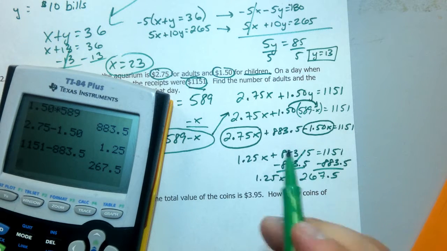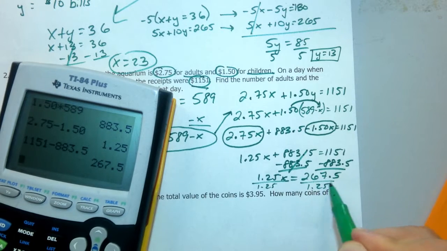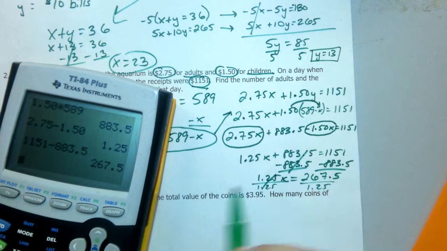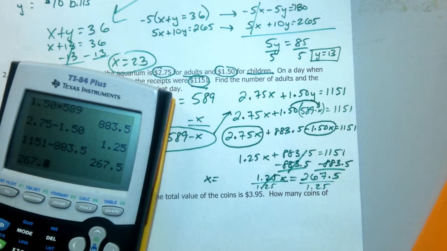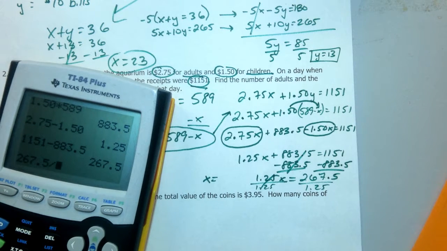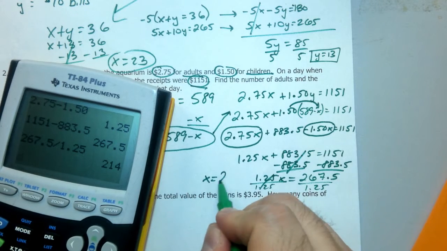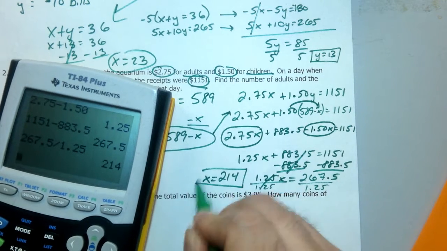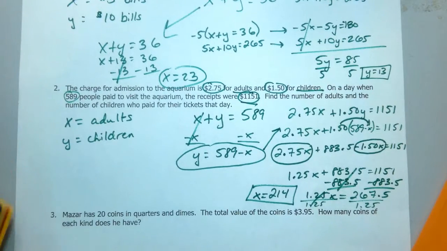And then the last step is to divide. I'm running out of room here, so I'm going to put my answer over here. 267.5 divided by 1.25 is going to be 214, which is great. We said we were going to have a nice number, and we did. You sold 214 adult tickets.